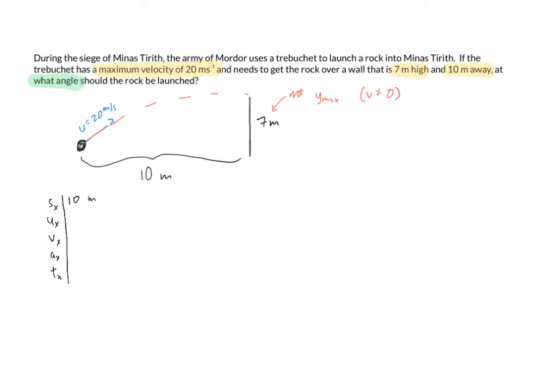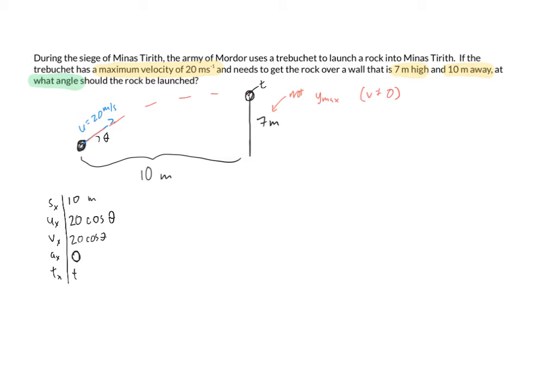Our initial velocity is 20 times the cosine of my mystery angle theta, which I'm going to draw in here. My final velocity is also going to be 20 times the cosine of theta because, as always in the x direction, my acceleration is 0. And for tx, I'm going to just write t, because our projectile is going to hit this point here at a time t, a mystery time.